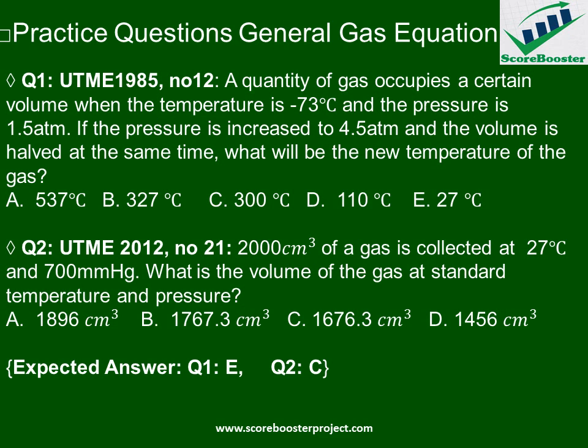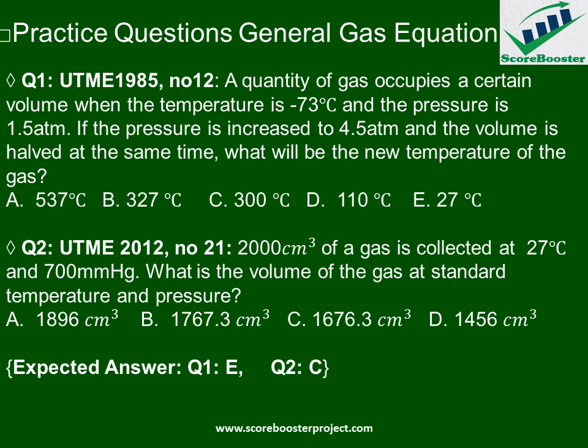If the pressure is increased to 4.5 atmosphere and the volume is halved at the same time, what will be the new temperature of the gas? Option A is 537 degrees Celsius, option B is 327 degrees Celsius, option C is 300 degrees Celsius, while option D is 110 degrees Celsius, and option E is 27 degrees Celsius.